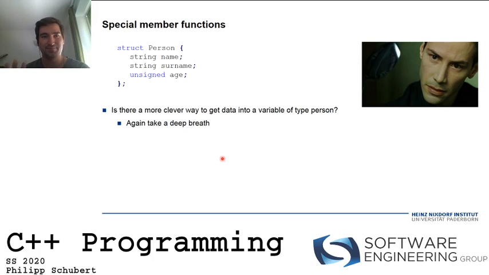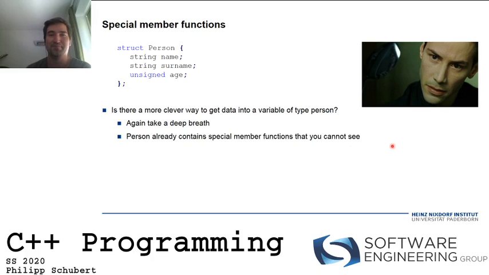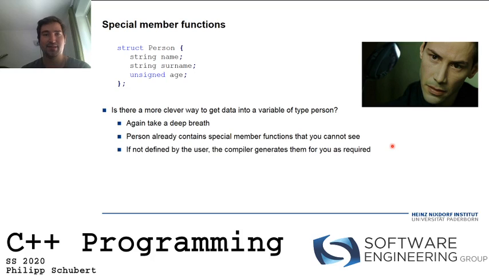Again, now relax, take a deep breath. Person already contains special member functions that you cannot see. And the constructor is a special member function, I have to tell you. If you do not define the special member functions that are required yourself, then the compiler will try to generate those special member functions for you if it needs them.